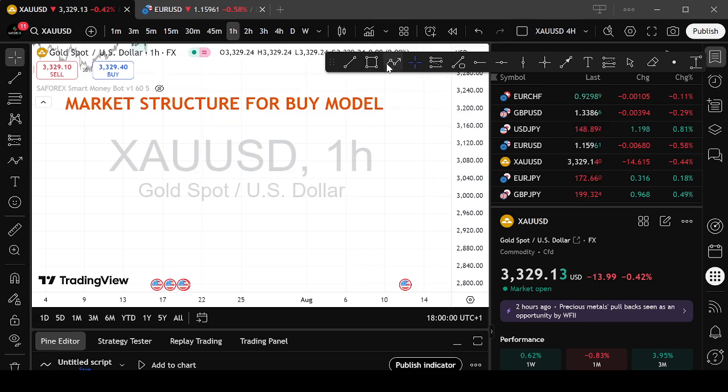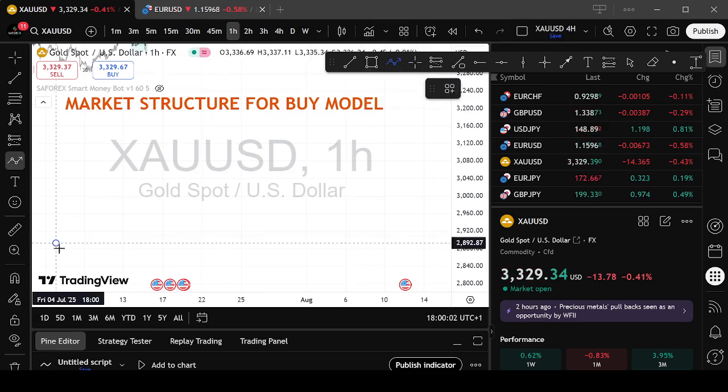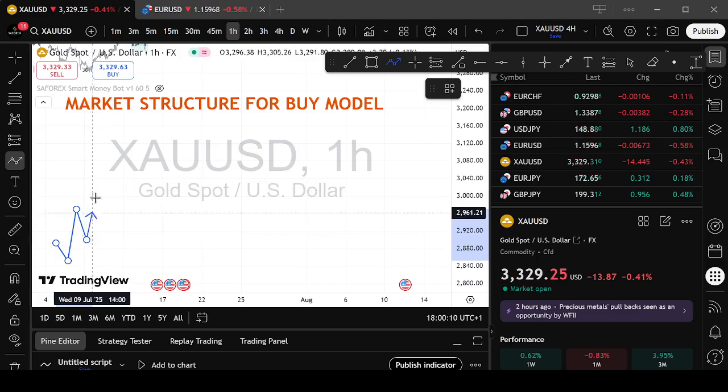We talked previously that in a bullish market, price always forms higher highs and higher lows, right? And this leg in the direction of the trend is what we call the impulsive leg. Then each pullback will respect the previous higher low that was created.